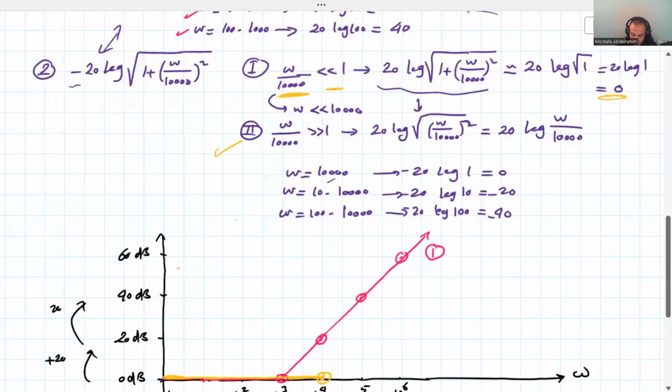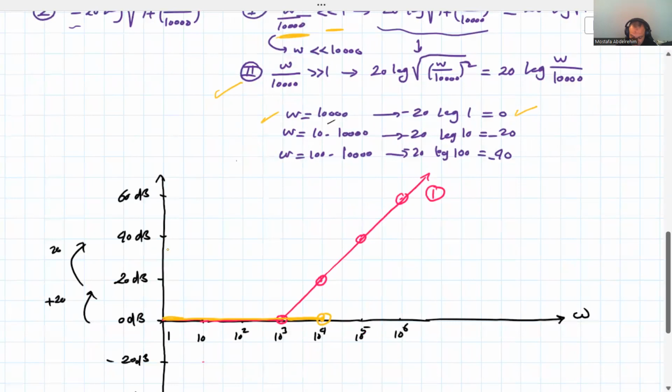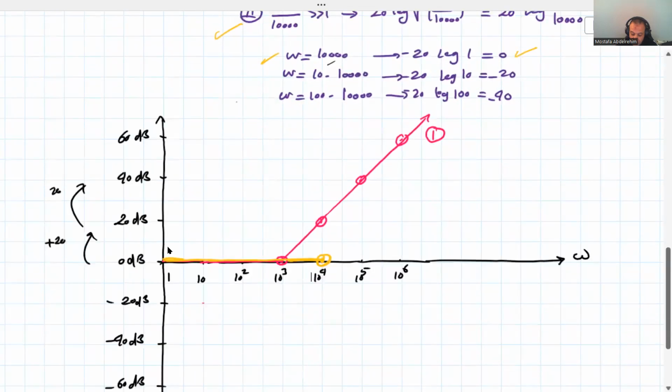Then for case 2 here, when omega over 10,000 is much larger than 1, you have 0 at 10,000. That's what we have. You have minus 20 at 10 to the power of 5. It is minus 20. Oh, sorry, at 100K.